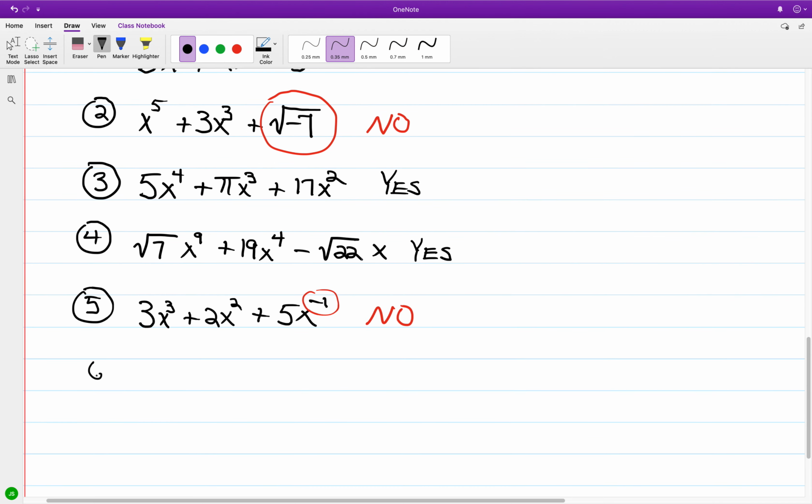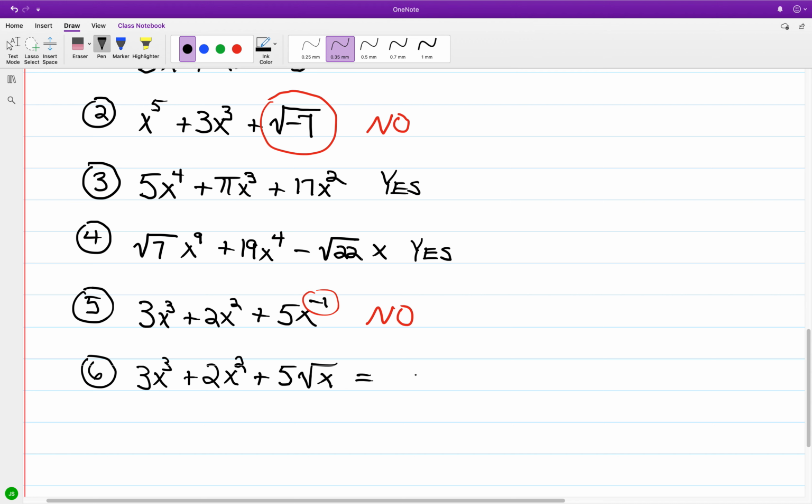And let's say that we have 3x cubed plus 2x squared, and we have plus 5 times the square root of x. We have a reapplication of a radical, but this time we have it applied for not a number that is real, but for a variable, where we had the square root of x.